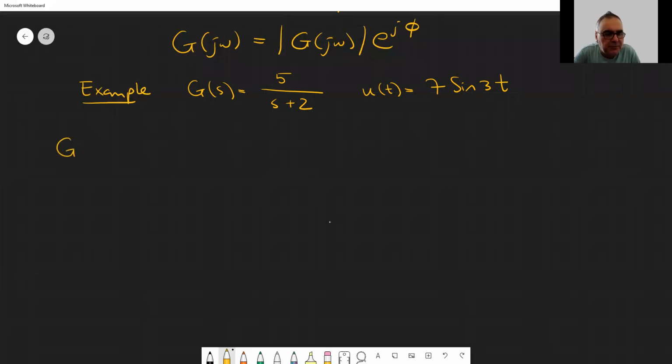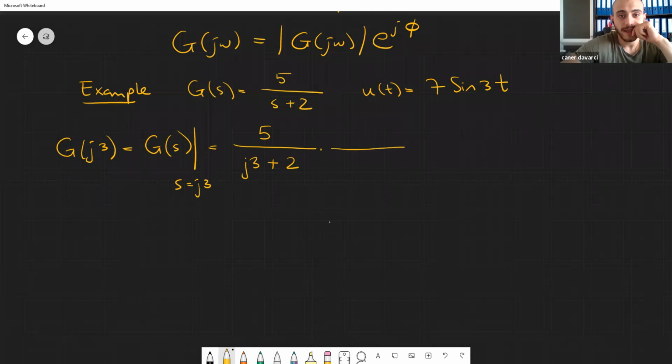So G of j3 is the frequency response. It is G of s evaluated at s equals j3, okay? Which is 5 divided by j3 plus 2.